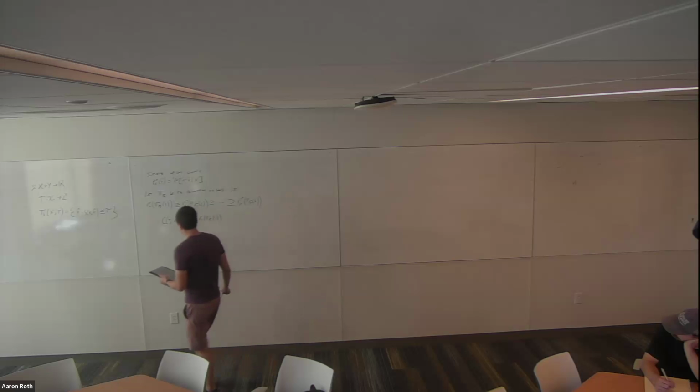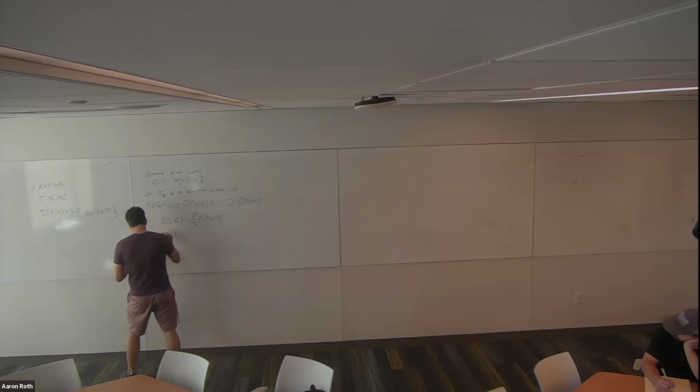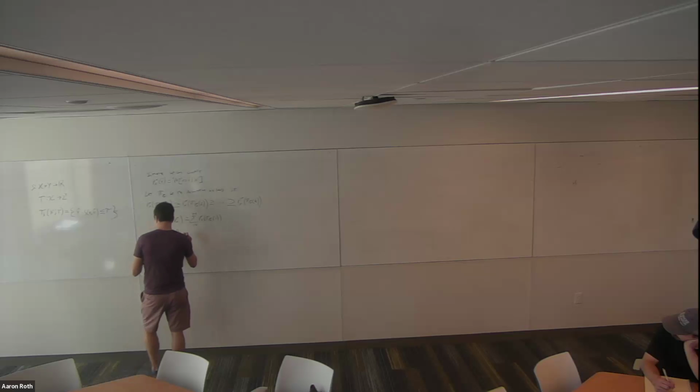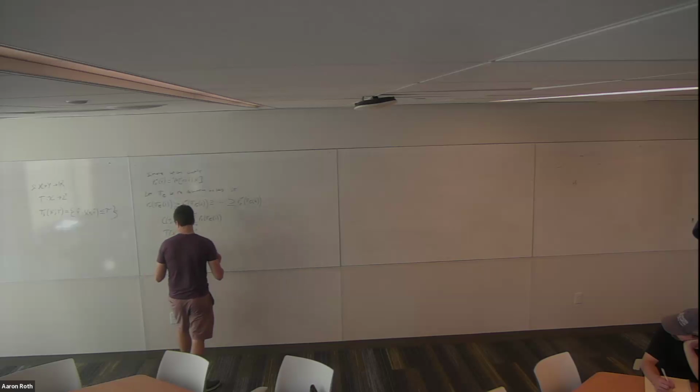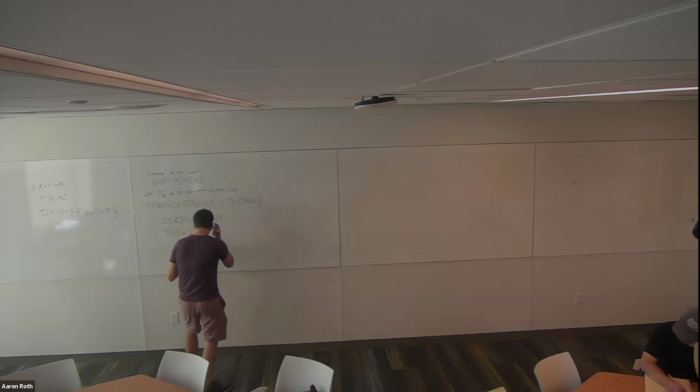Well, the prediction set is the set of all labels, but when I look up what is the index of this label in the sorted order.